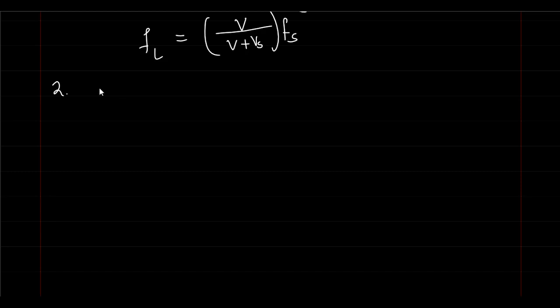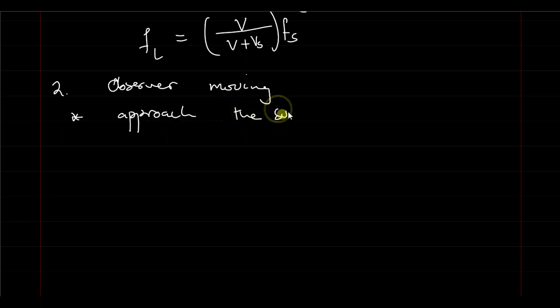In scenario number 2, the observer is moving. Now if the observer is moving, the observer can approach the source. So what happens when the observer is approaching the source? How will our formula be? The observer is the one who is moving, so VL is no longer 0, but Vs is 0, so we only have V at the bottom.